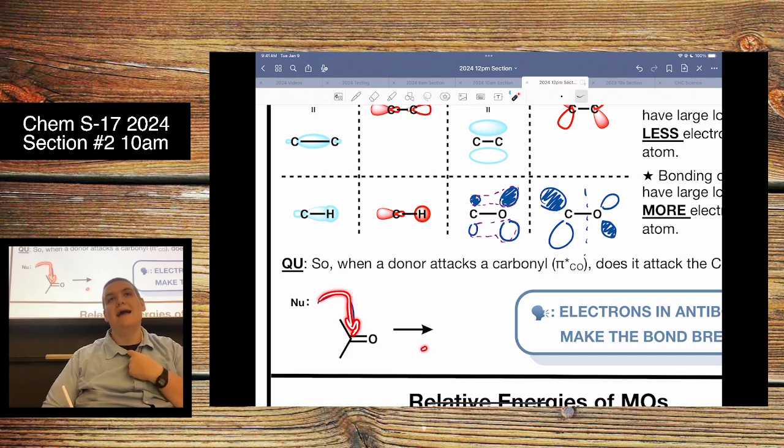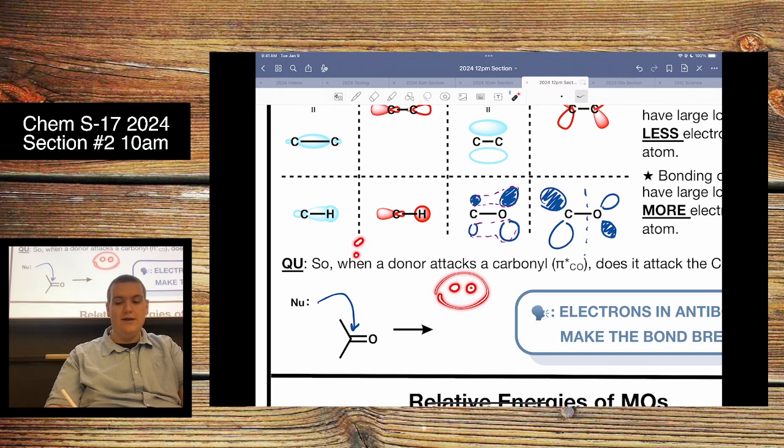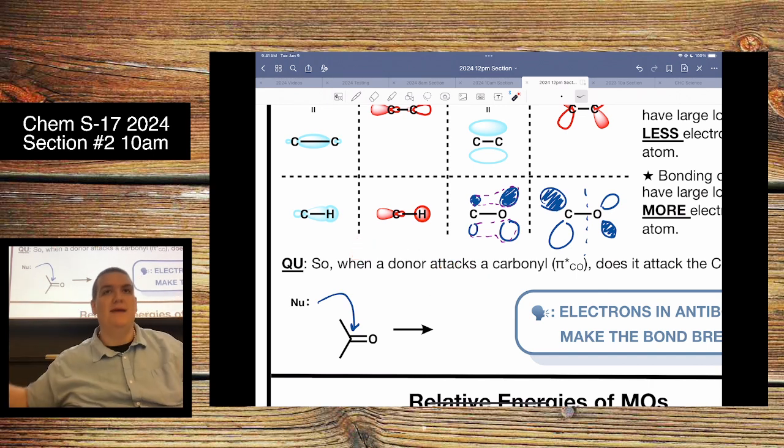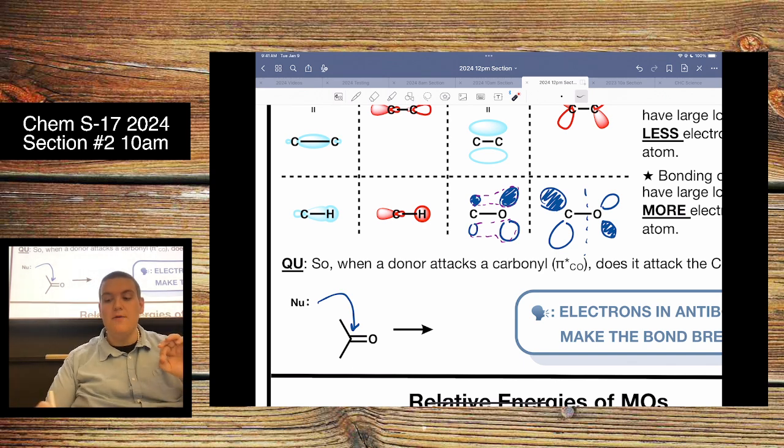So you can't attack a pi orbital, and it's because a pi orbital is filled. A pi orbital already has electrons in it, and so like let's say you are electrons trying to enter this house. This house is already occupied. It's squatter's rights, so you can't go and kick out other electrons. You can only put electrons into empty spaces, and an anti-bonding orbital is an empty space.